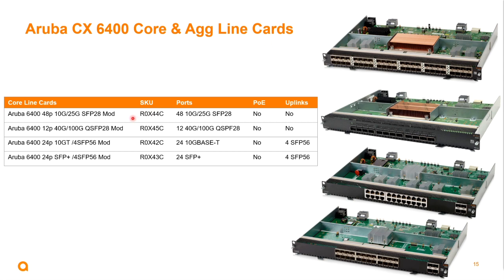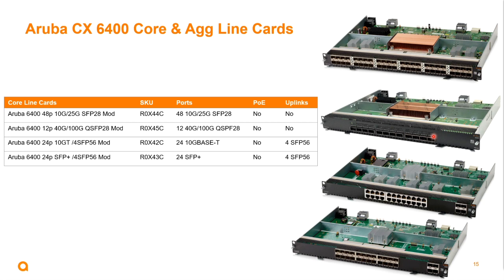We start off with the high capacity card here, which has 48 ports as SFP28 modules. Remember, this card can also have 50 gig in the lower ports, when disabling the upper ports by configuration if required. So this is a high capacity card. Then we go to the next card here, which is a 12 port QSFP, which supports up to 100 gig.